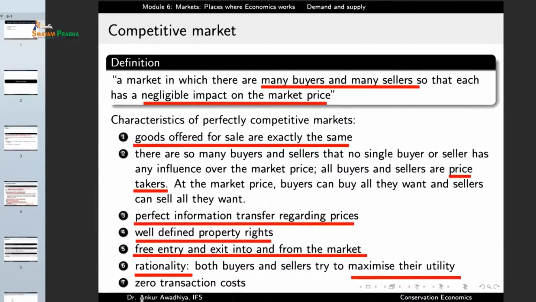which means that if the market is large in size, I, as a buyer, should not have a thought that, oh, that seller is selling at a great distance, how am I going to go to that place? So it says that there are zero transaction costs. There is no cost for a buyer to move from one seller to another.